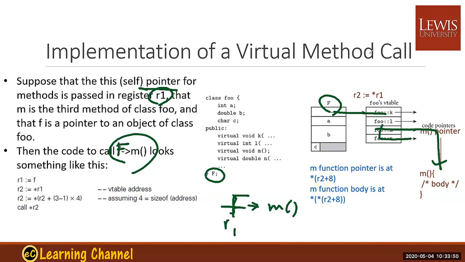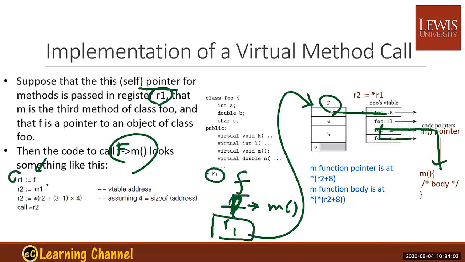The F object's address is passed to the R1 register, so it's a pointer pointing to this object. Let's use lowercase f as a pointer and capital F as an object. The body of R1 is stored in R2, so R2 is the address over here.